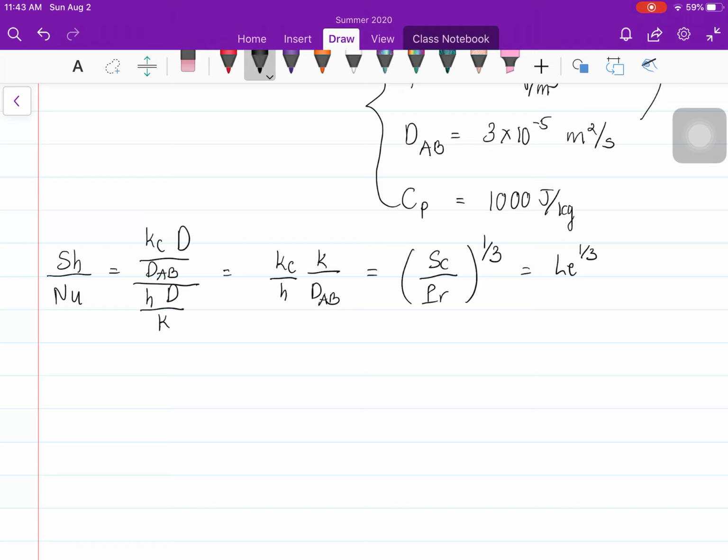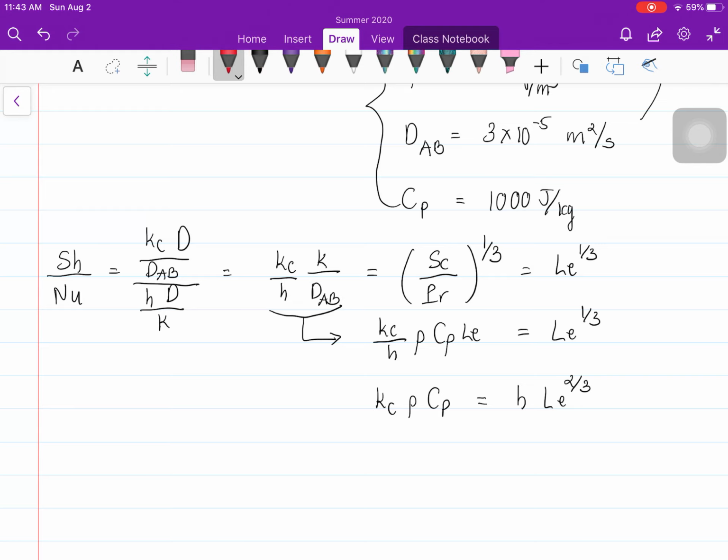And then we also have this equal to Kc over H times density times heat capacity times Lewis number equal to Lewis number to the 1/3. So I'm gonna substitute this equation where we have Kc times rho times Cp equal to H times Lewis number to the 2/3, but we have this equal to 1.